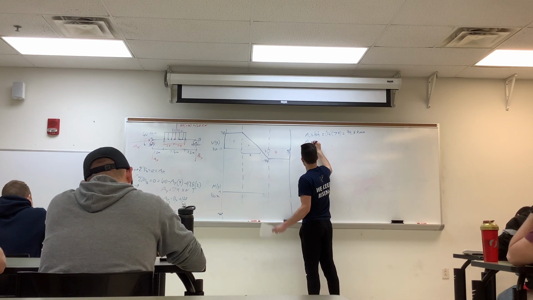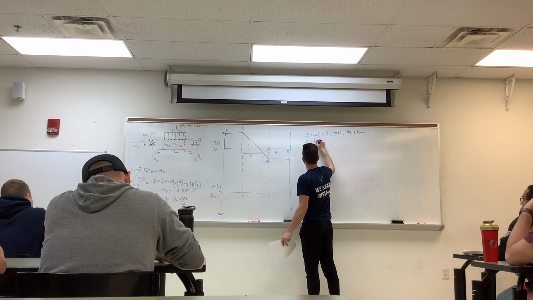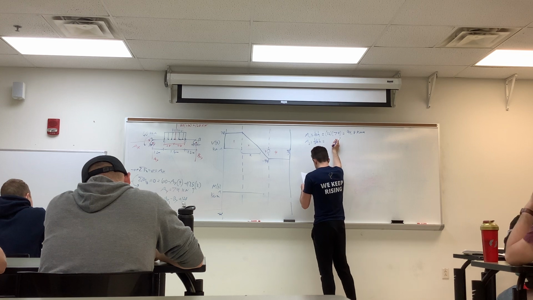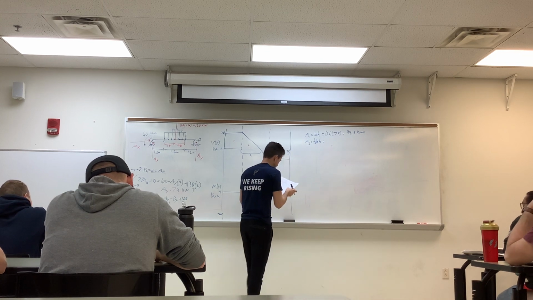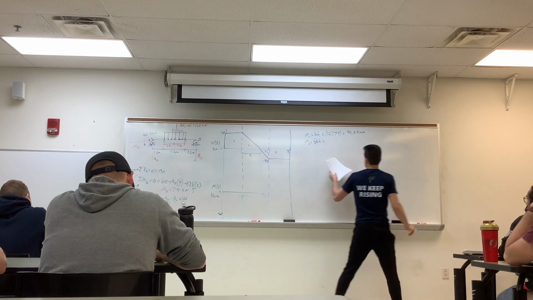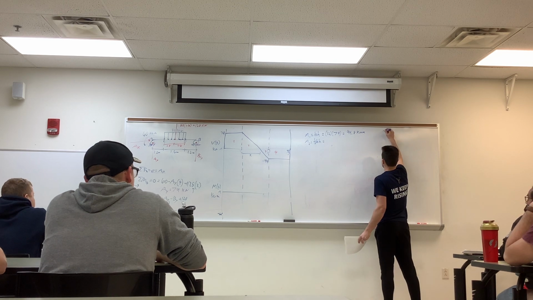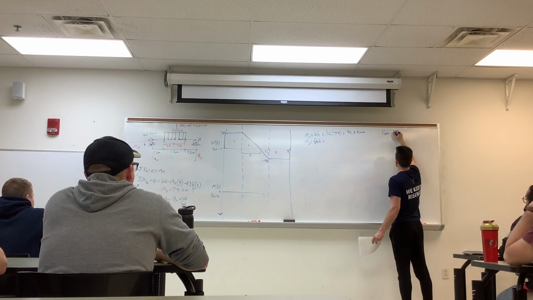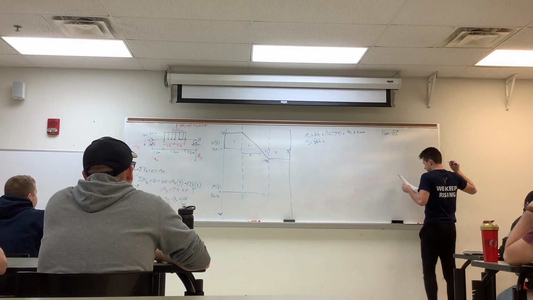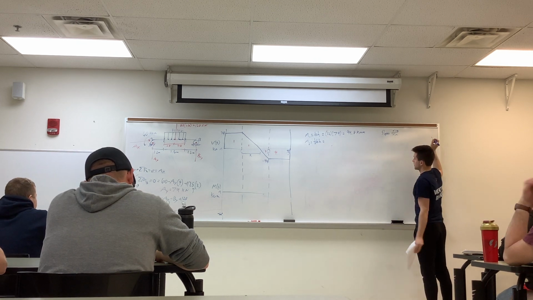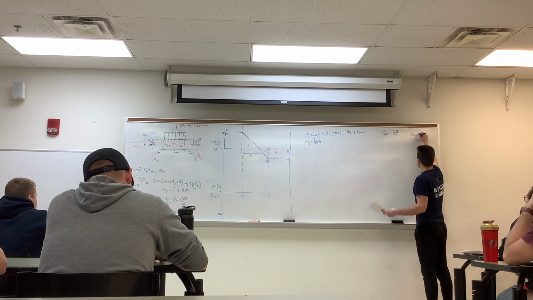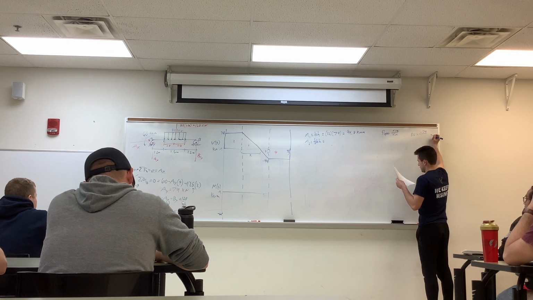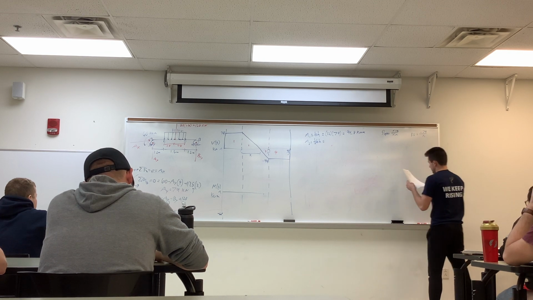A2 is 1/2 base times height. We don't have that distance x1 yet, which is the base, but we have the height. We know that the slope is rise over run. We have the total slope, which is 80, equal to our rise, which is negative 79, over our run x1, which we're trying to solve.